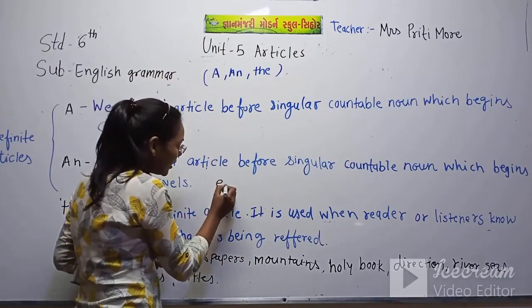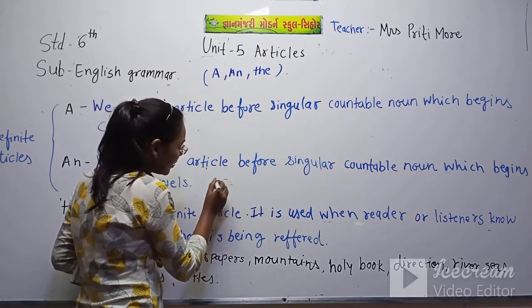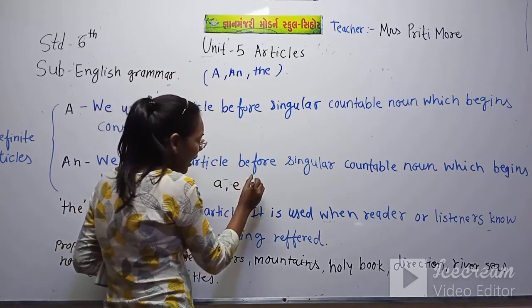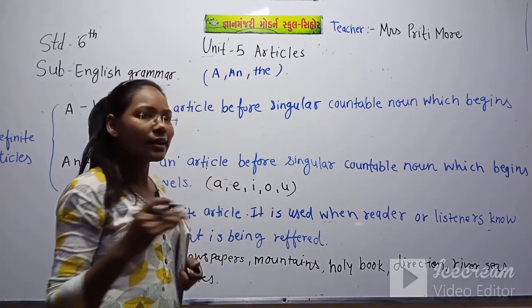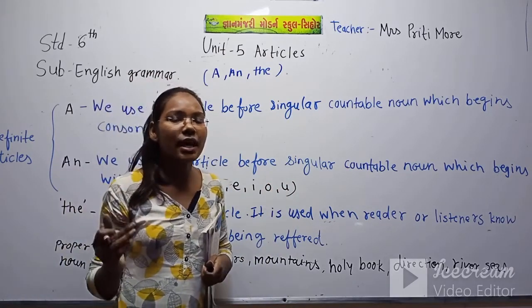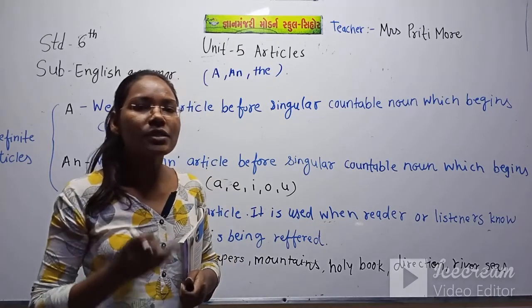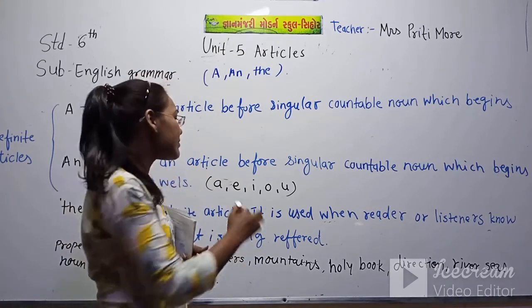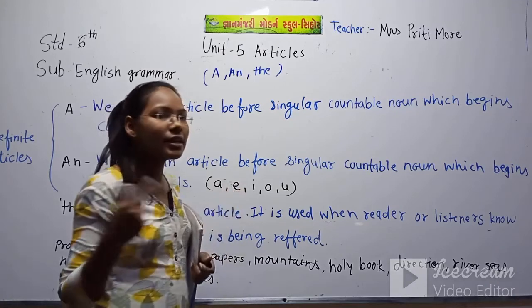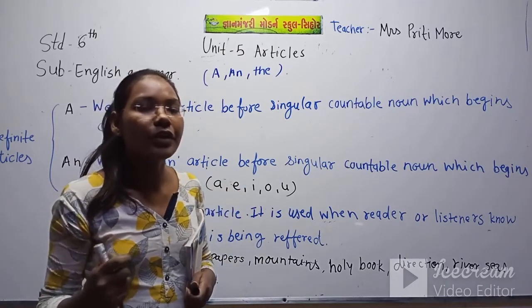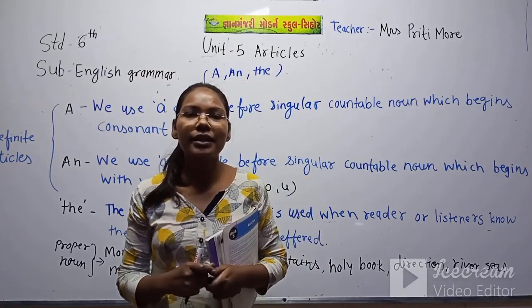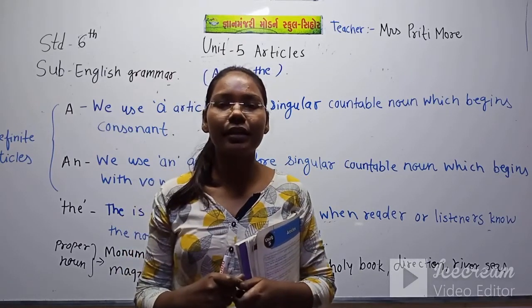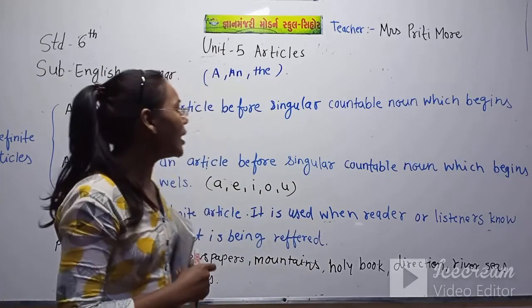Vowels I write here: A, E, I, O and U. These are 5 vowels and the rest of the letters are consonants. When the words begin with a consonant, that time we use a article.